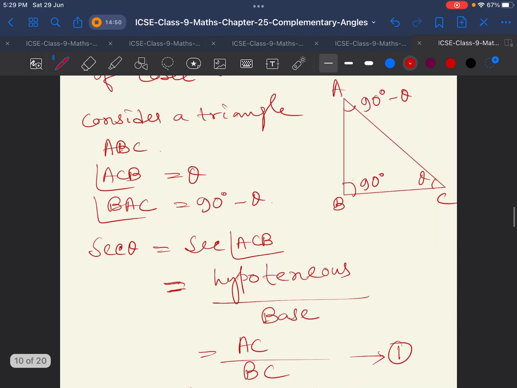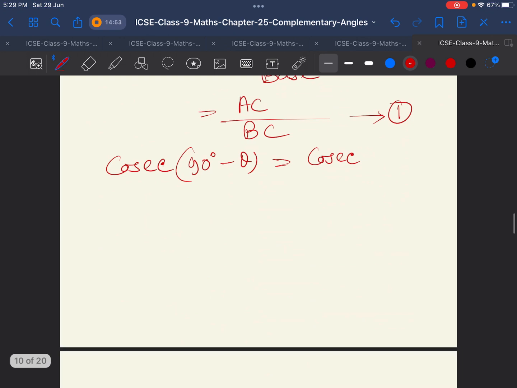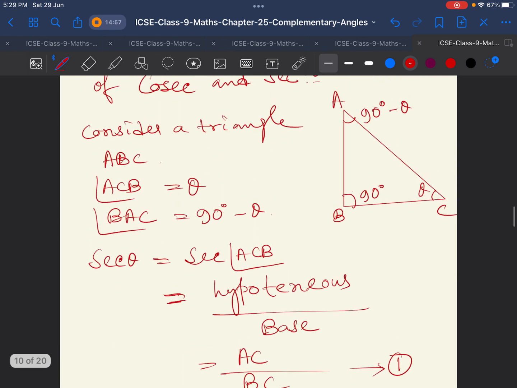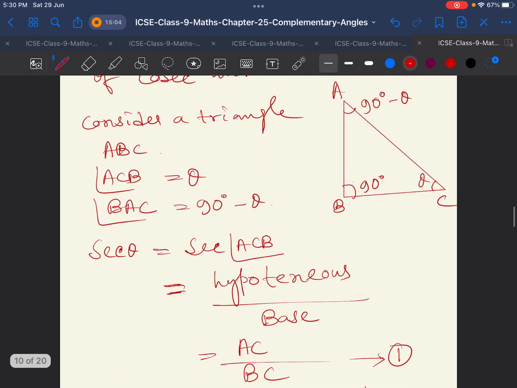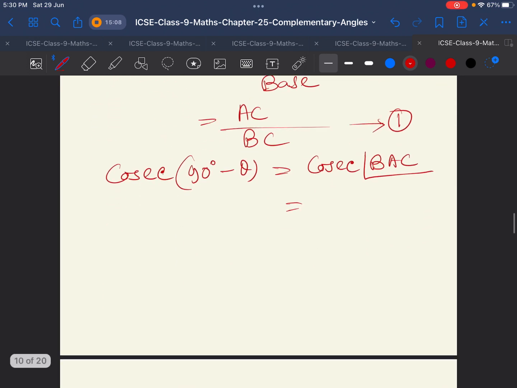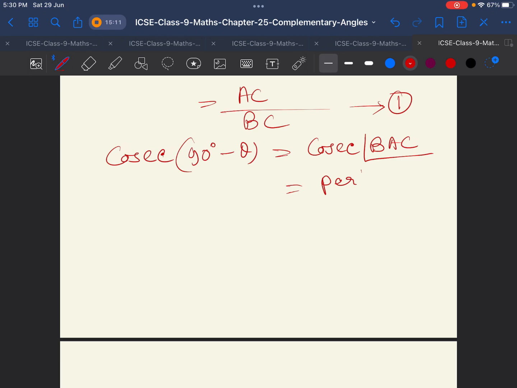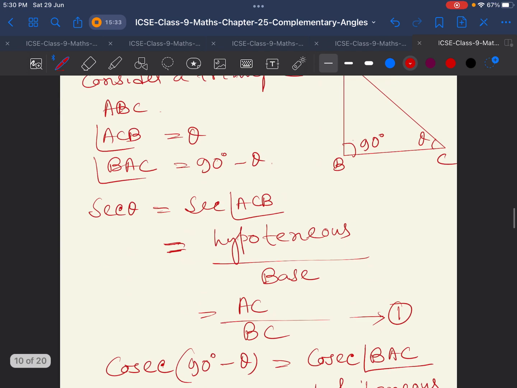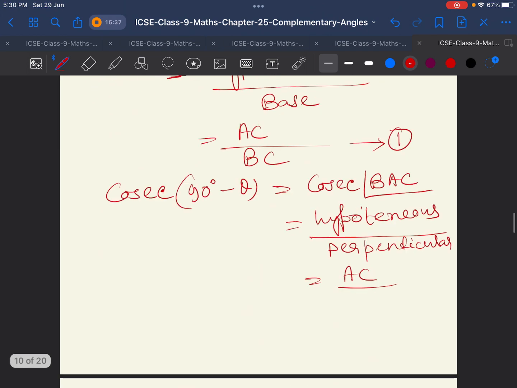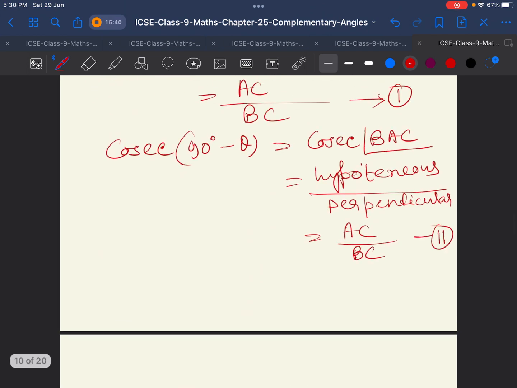Okay, so here for this angle the perpendicular is BC, and for cosec of 90 minus theta, angle BAC, hypotenuse is AC, and for this angle 90 minus theta, the perpendicular will be BC. Okay, so this is 2.